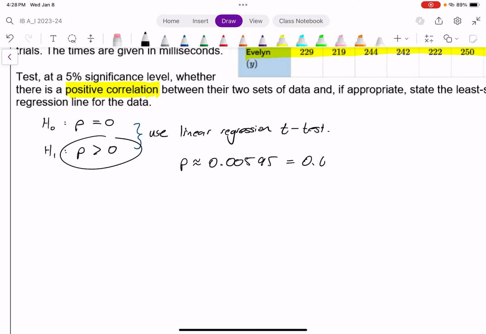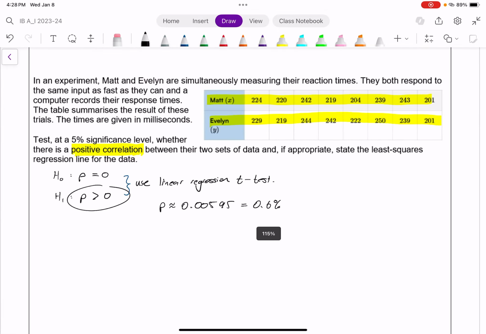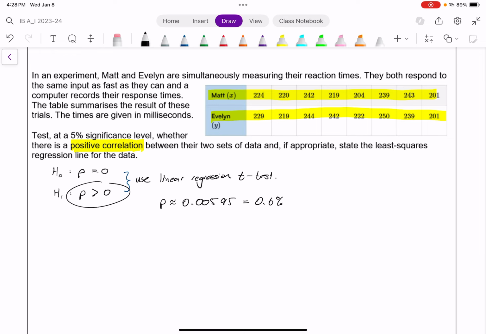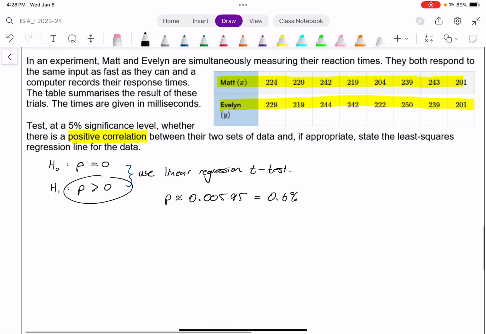That means if there really is no correlation between Matt and Evelyn's reaction times, and we took an infinite number of samples, we would expect to see results like this, with a positive correlation, less than 1% of the time.